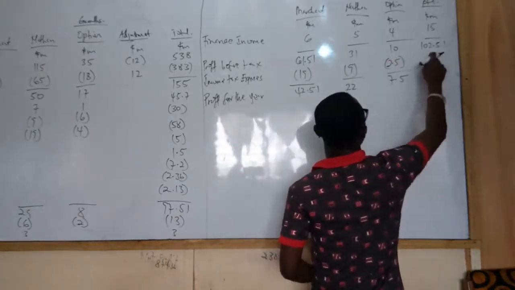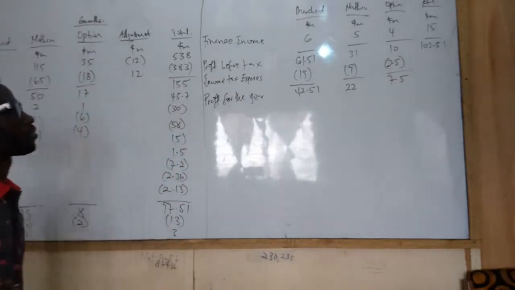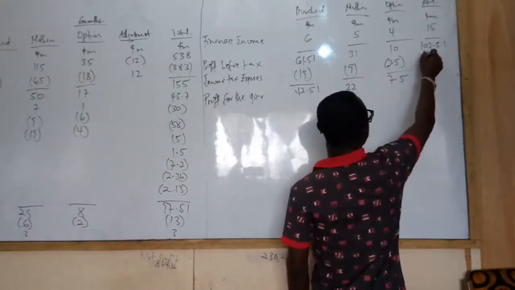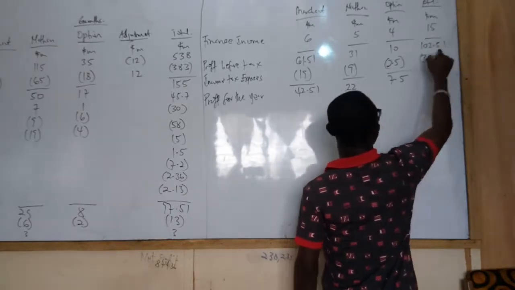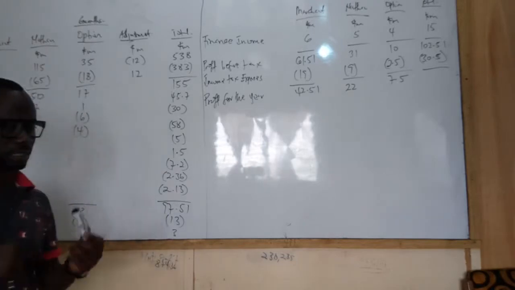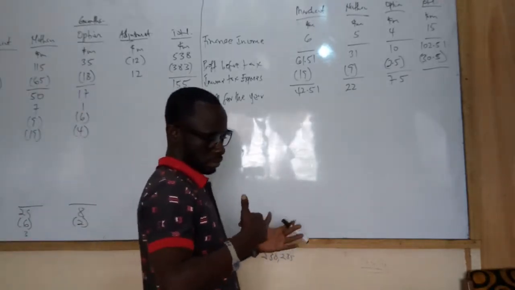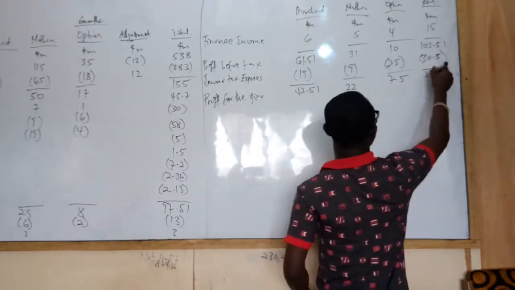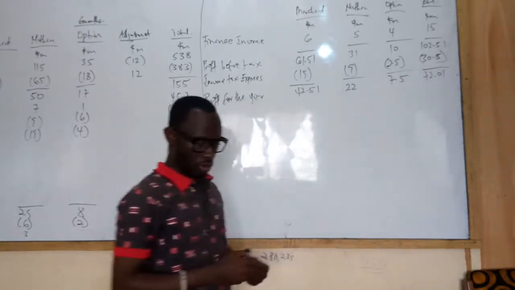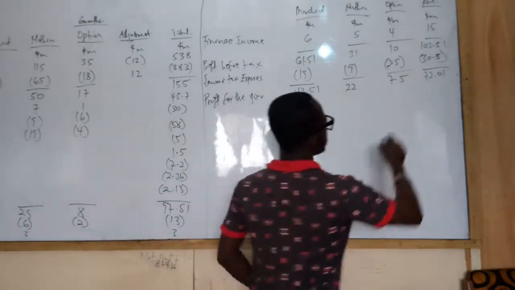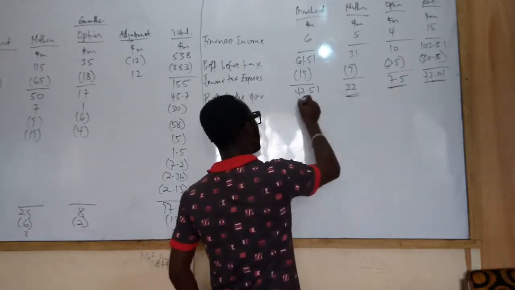So total, from 13.5. 13.5. 72.0. Okay. So that's our profit for the year.